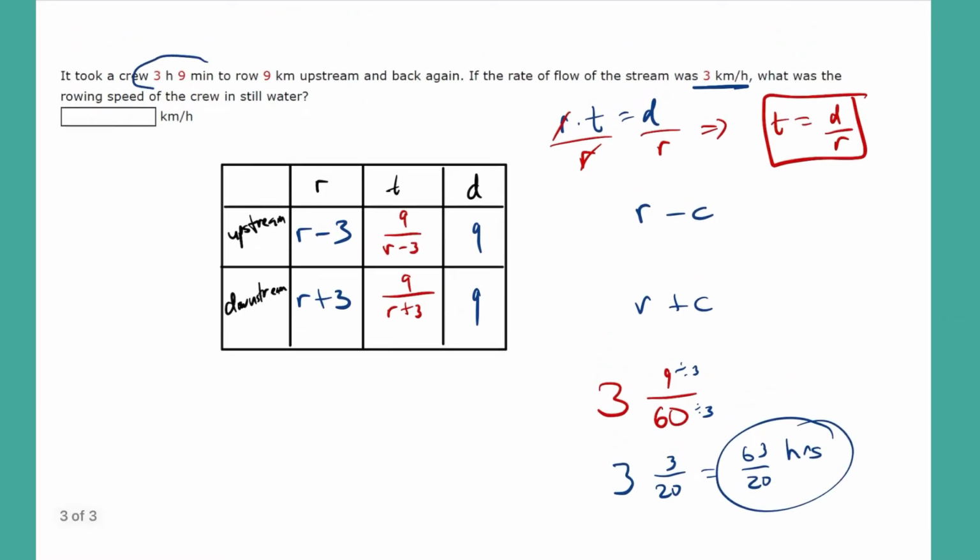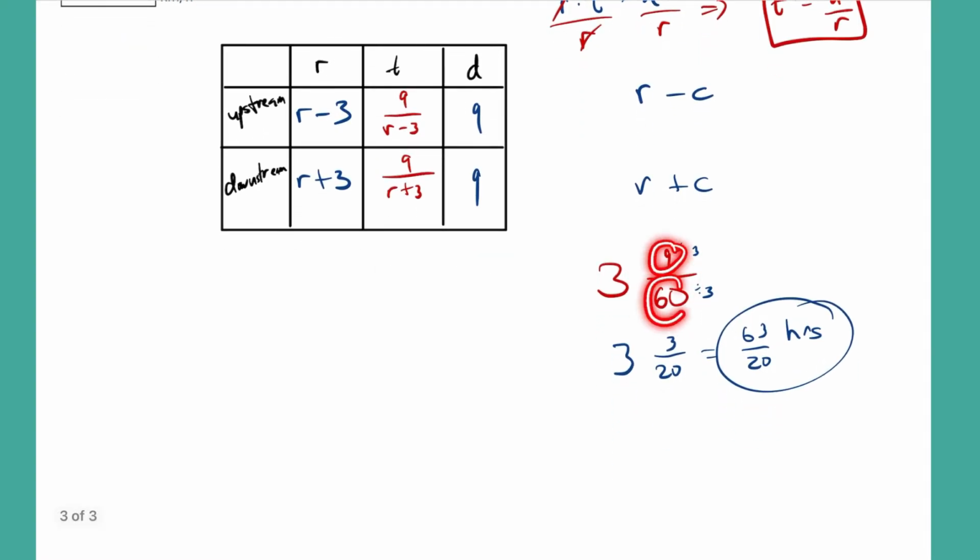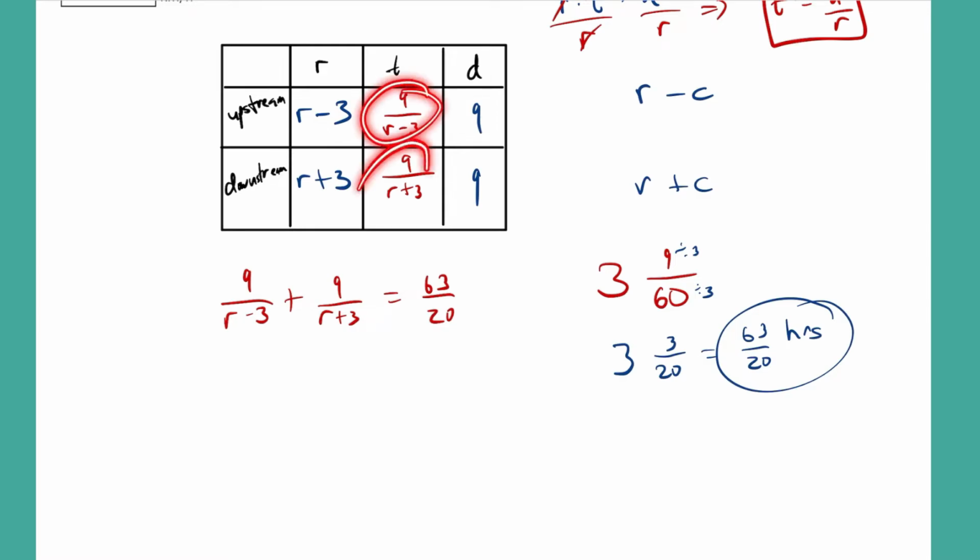So what I did is I converted this time into hours by converting minutes into hours, 9 over 60. Then I simplified this fraction by 3, and then I converted this mixed number into an improper fraction. So the total time has to equal this. So in other words, 9 over r minus 3 plus 9 over r plus 3 must equal 63 over 20. The total time has to add up to that amount.